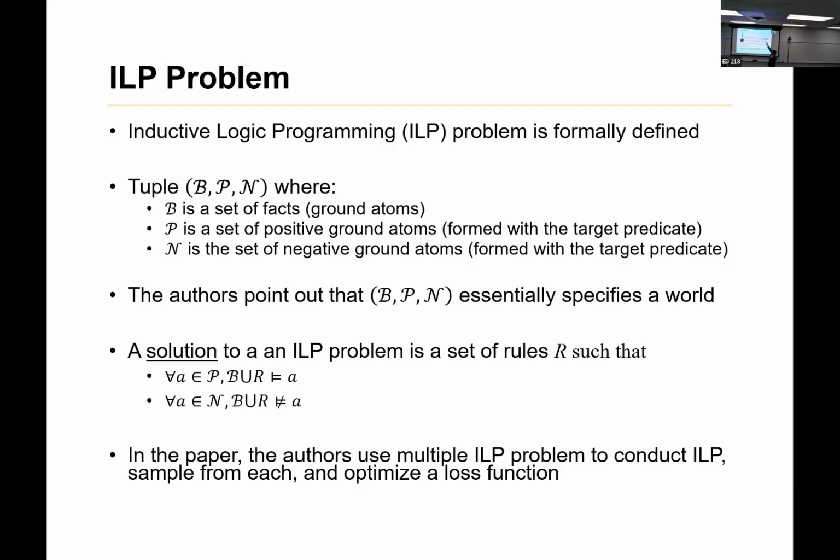So this essentially specifies a problem, and the solution is a set of rules such that the rules union with the knowledge base, the basic facts, entail everything in the positive set and do not entail everything in the negative set. And so this is the definition of a solution. Now, what this leads to traditionally in inductive logic programming is a little bit of brittleness.